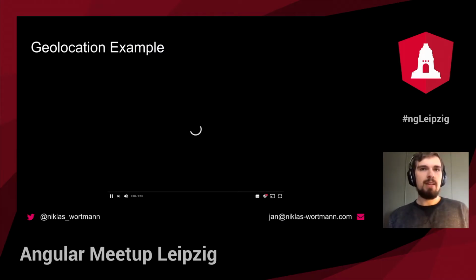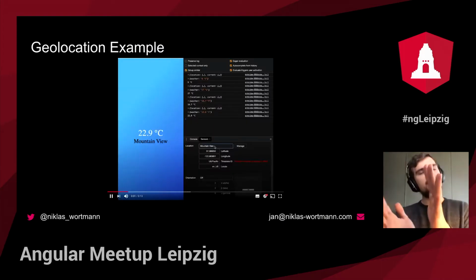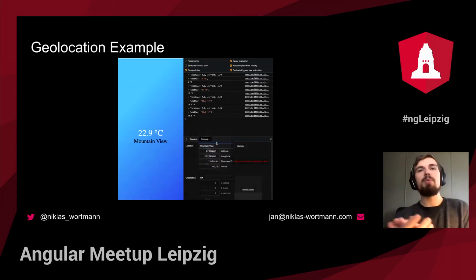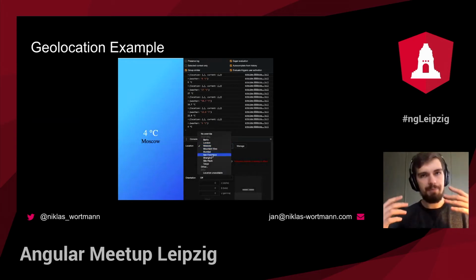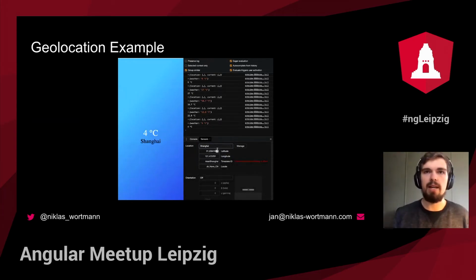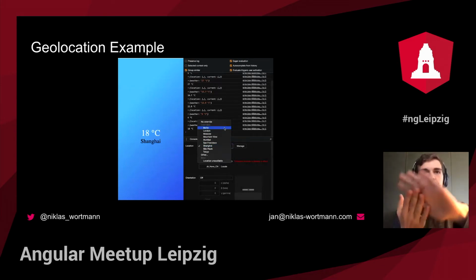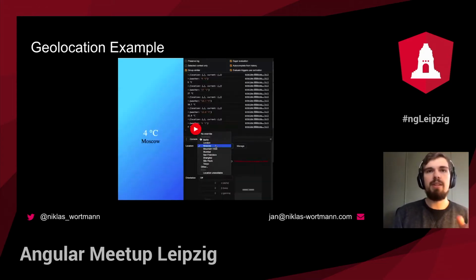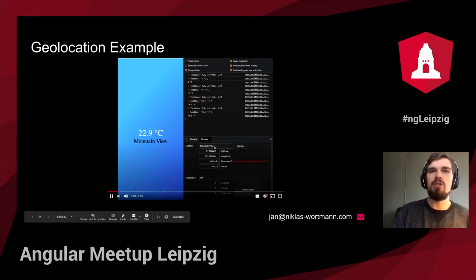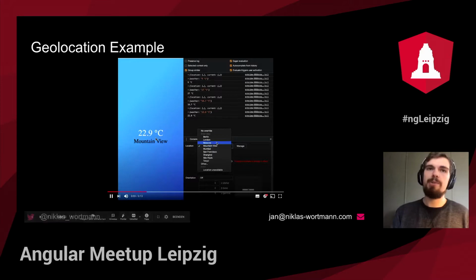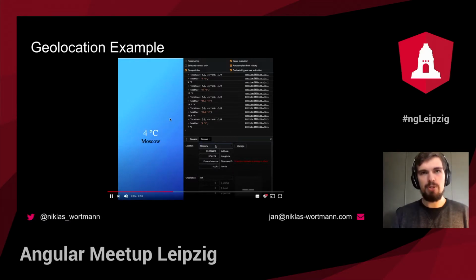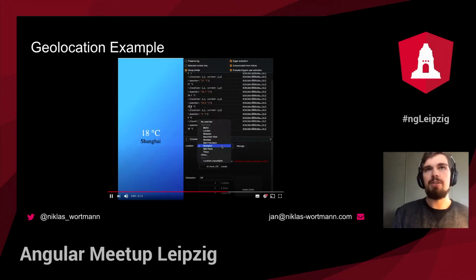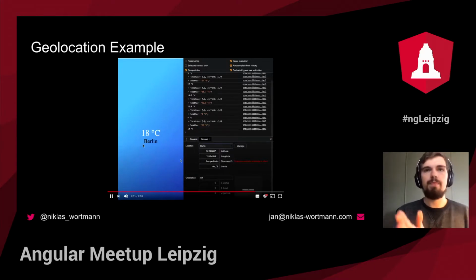So within this geolocation example, because StackBlitz is trolling me a lot with the geolocation API, I created a ticket for that a while back, but therefore I recorded it to have it visible in this slideshow. But you see here in the demo that I'm changing the location, and therefore it gets already reflected due to the observable in my UI, and it will fetch the new data for the geolocation.